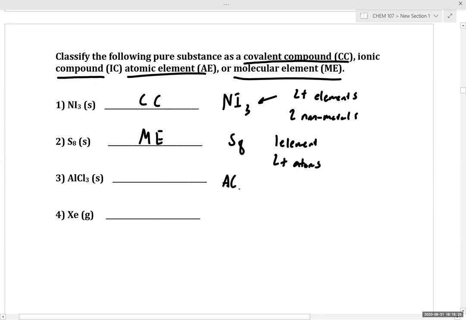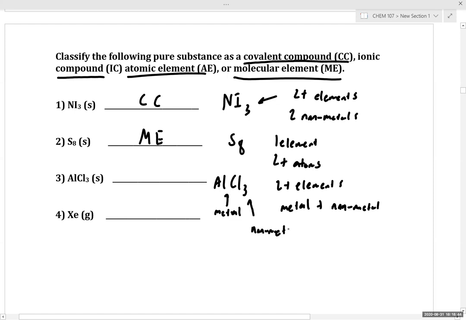Aluminum chloride, AlCl3: we have two or more elements, and we have a metal and a non-metal. Aluminum is our metal, chlorine is our non-metal.